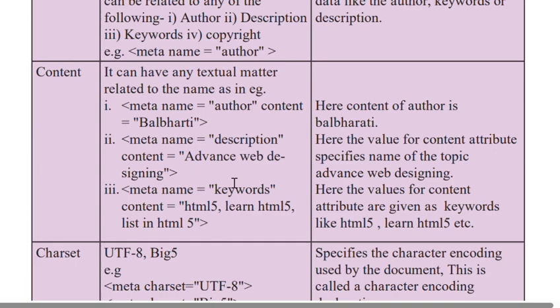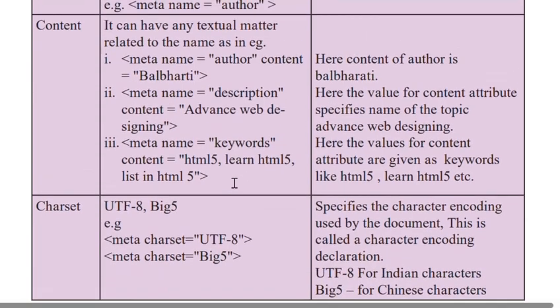Here, the value for the content attribute specifies the name of the topic, advanced web designing. Then we have meta name is equal to keywords, content HTML file, learn HTML file, list in HTML file. Here, the values of the content attribute are given as keywords like HTML file, learn HTML file, and so on.